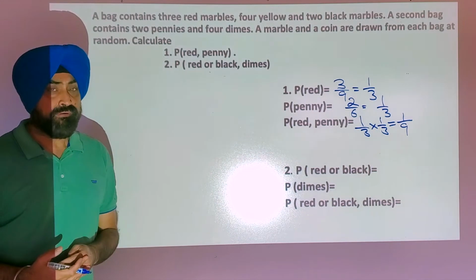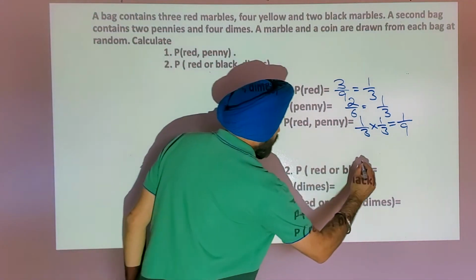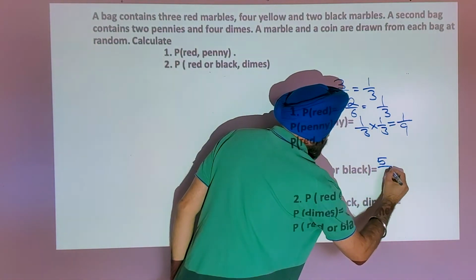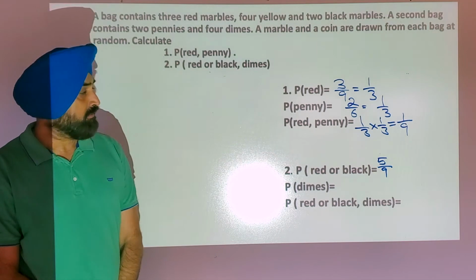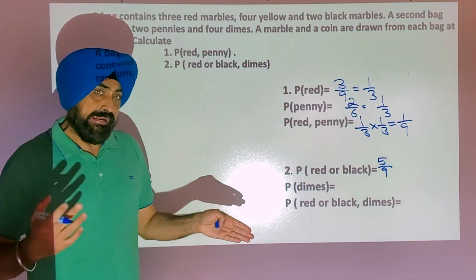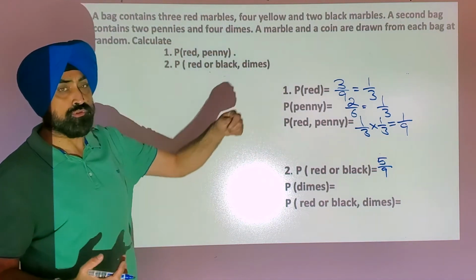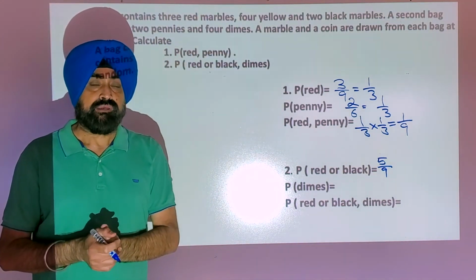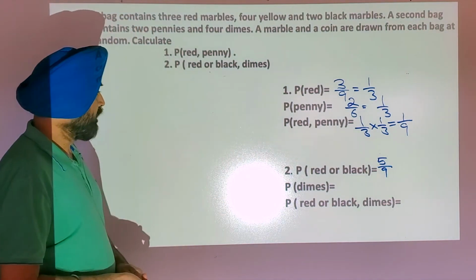So there are 5 favorable possibilities. So 5 over 9 is the probability that red or black comes. Red is 3, black is 2, so 5 marbles have equal chances to come out of 9.